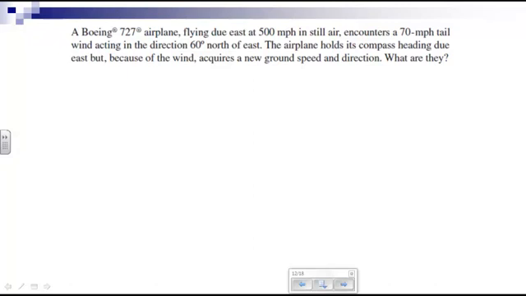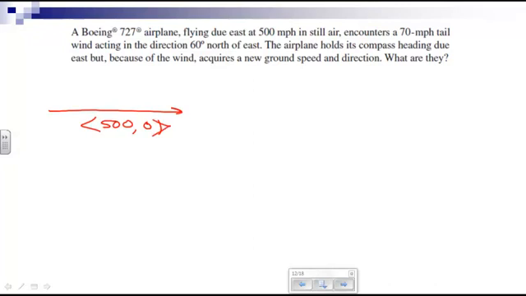So a Boeing airplane is flying due east at 500 miles an hour in still air. You know what? I could represent that Boeing aircraft, all rights reserved, as a vector flying due east. I could represent it as the vector 500, comma 0.